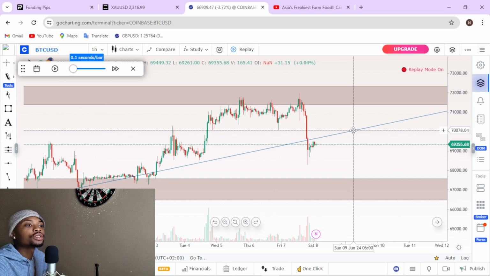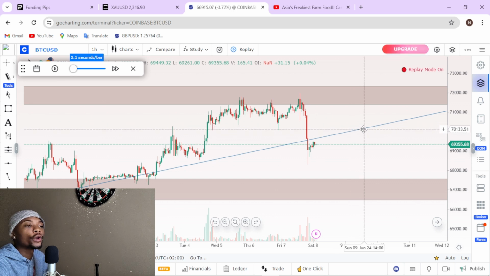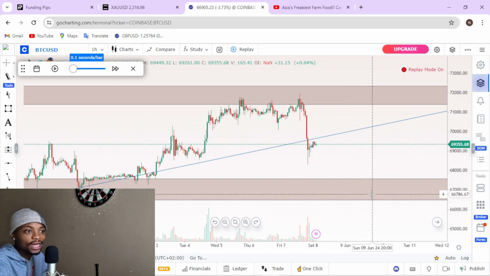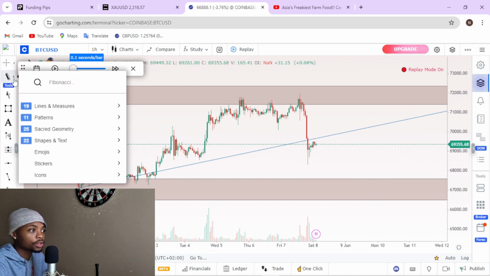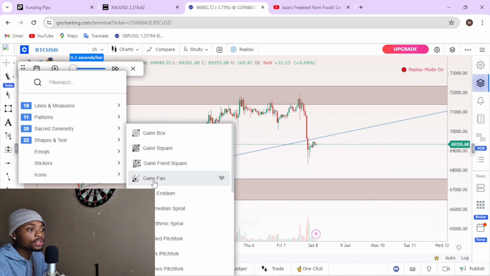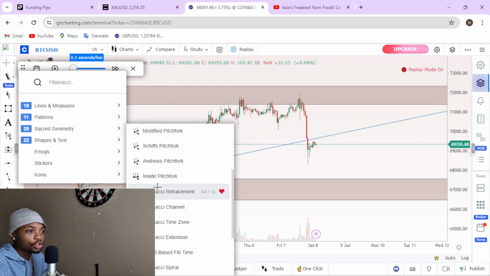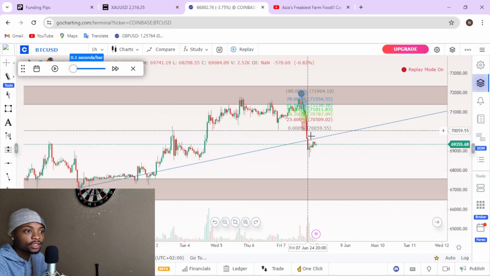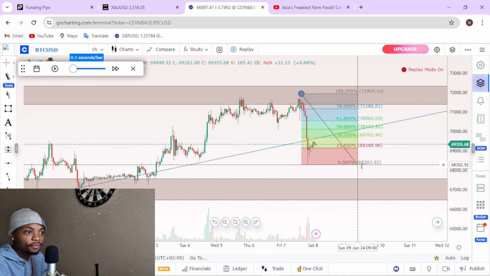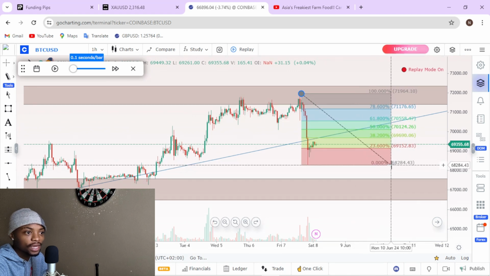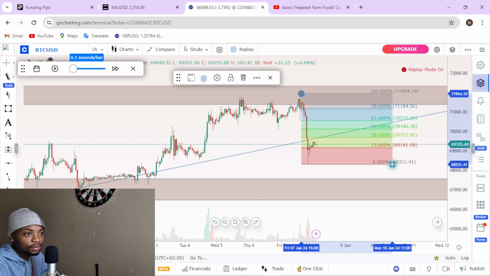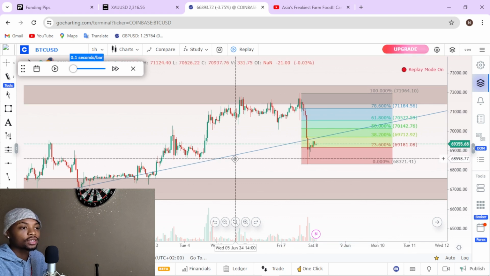So the most important thing is to know when price is going to continue selling, and for that we use the Fibonacci retracement tool. I use the Fibonacci retracement tool to kind of figure that out, right? So I took it from where price started like being volatile in the sell to the low, right?